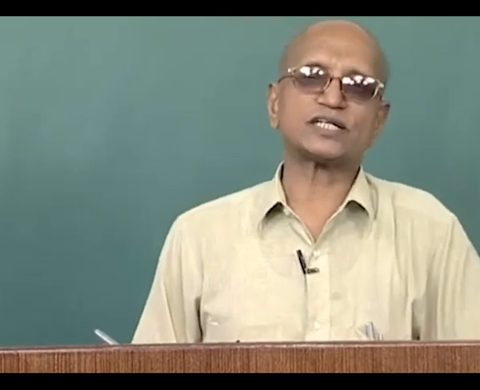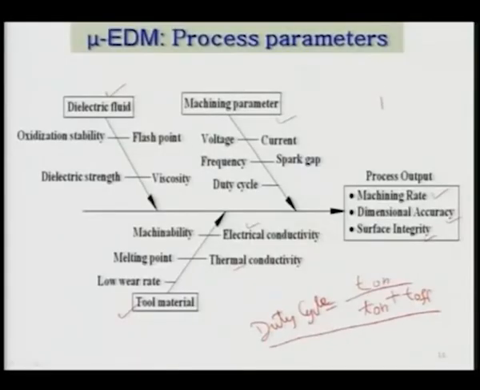And how much is the recast layer, how much is the surface damage, I am not going to discuss them, but these are all the features that we have seen while we were discussing the electric discharge machining. There I have told you in detail about the heat affected zone, that is HAZ, recast layer and other features.